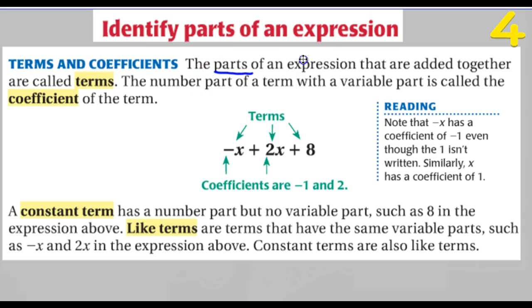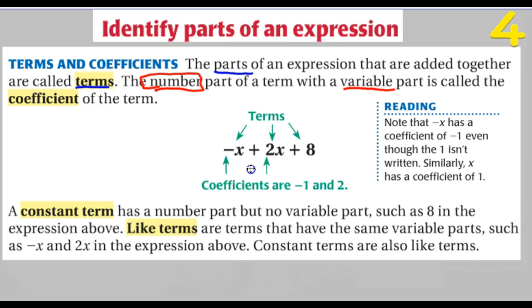There are multiple parts. The parts of the expression that are added together are called terms. So anything that's added together in an expression is called a term. The number part of a term with a variable part is called the coefficient.